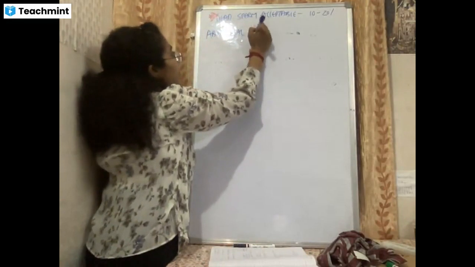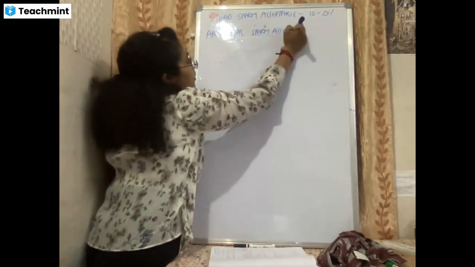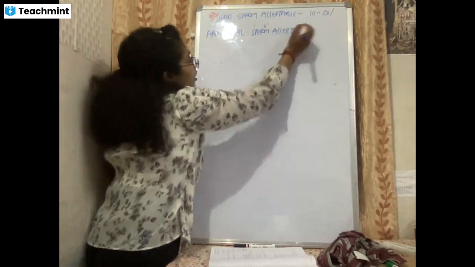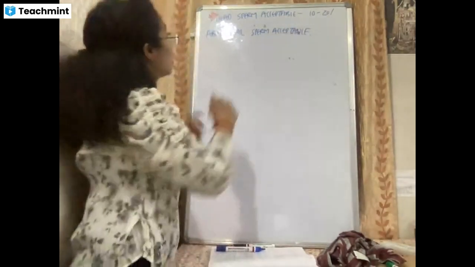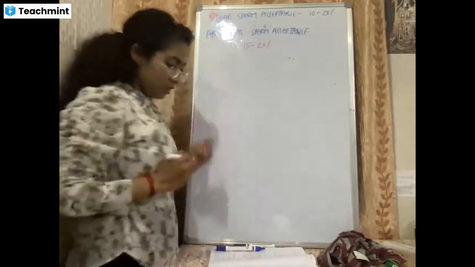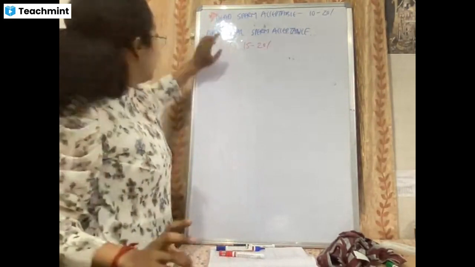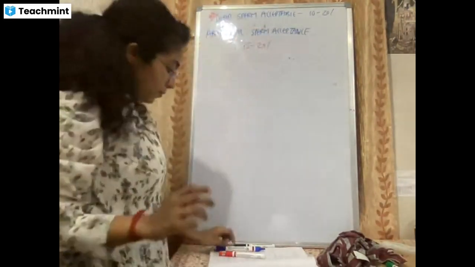Now we have the abnormal sperm acceptance. Abnormal sperm 15 to 20% is acceptable. These two things are very important: dead sperm acceptance and abnormal sperm acceptance.